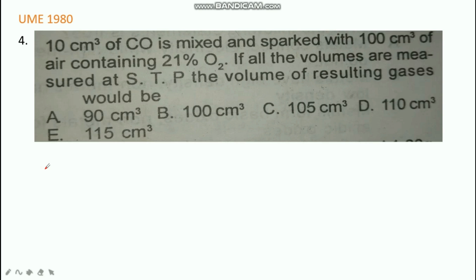Okay, now if CO reacts with oxygen, of course it's going to react with oxygen because it's not going to react with the other gases. So it's going to give us carbon dioxide, right?